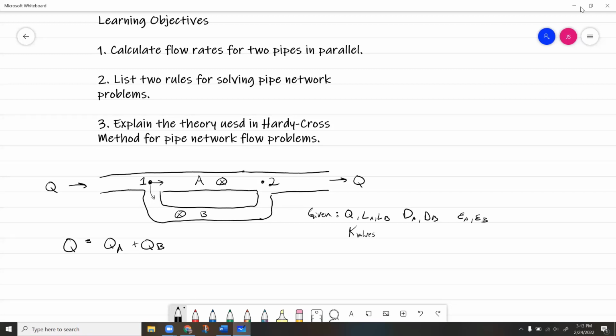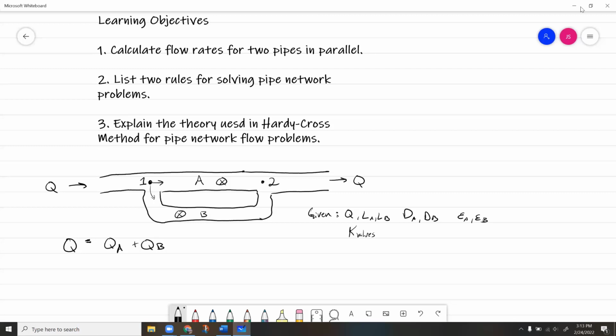Now, the other equation we could use, does someone want to venture a guess? What about Darcy-Weisbach? Yeah, Darcy-Weisbach. So we need to know the energy loss, and that's going to influence this situation. And I'll save that one for last, but we'll use the energy equation, right?